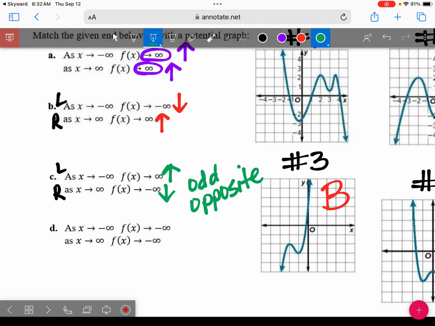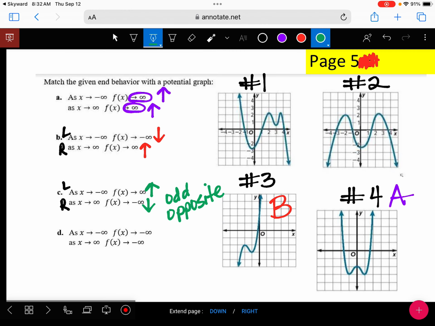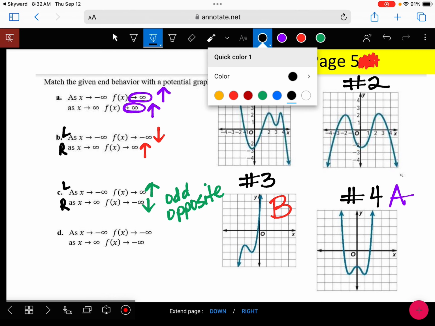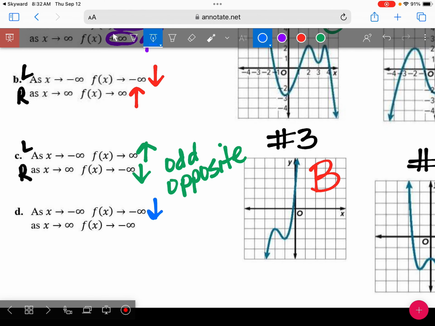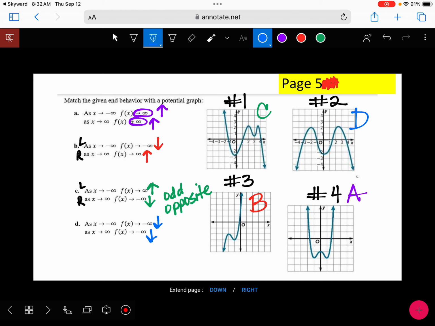Which one is opposite? Show me with your fingers. 1 or 2? 1. Good. And then we know, because of process of elimination, that this last one has to be D. But we also know that this is the one where both sides are going down, and that is D.